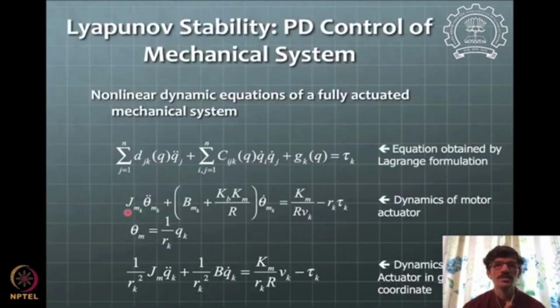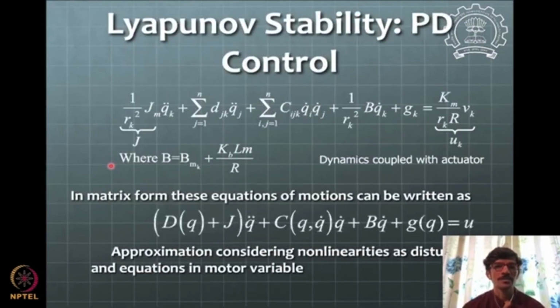So what is the energy of such a system, where you have fully nonlinear dynamics of an n degree of freedom robotic system? The kinetic energy is based on the d jk terms, or the D matrix in this equation.